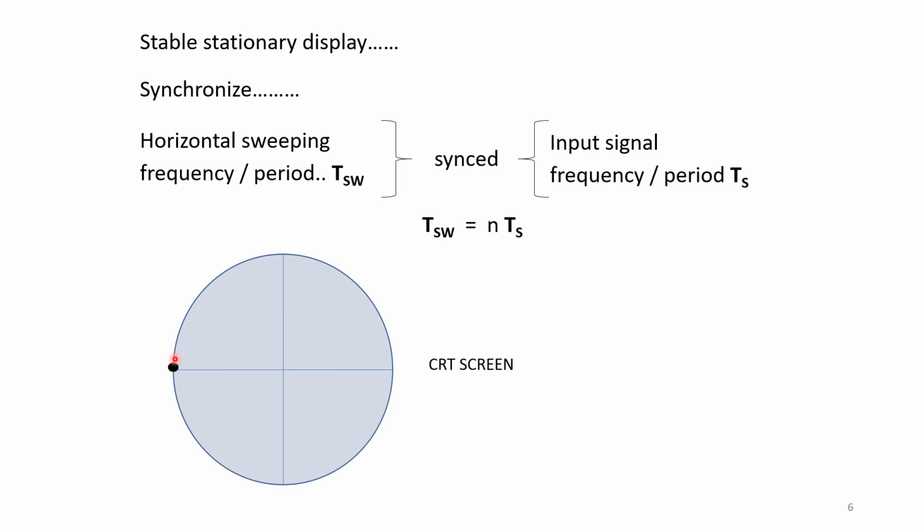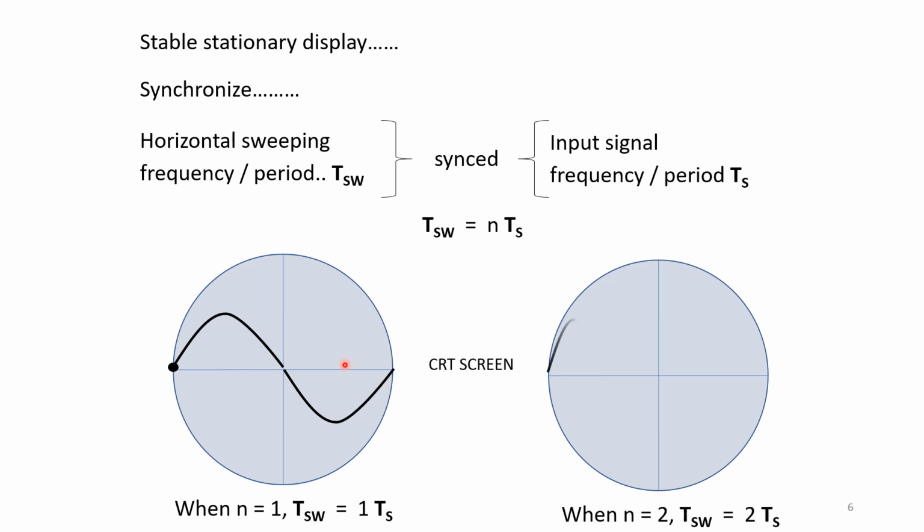But at the same time, because of the voltage that is applied along the x-axis, it is pushed to the other side. And as a result, when n is equal to 1, that is TSW is equivalent to 1 Ts, we have the movement of the beam like this, and it is possible to have one complete wave. And if the condition n is equal to 2 is satisfied, then we are going to get two different waves on that screen.